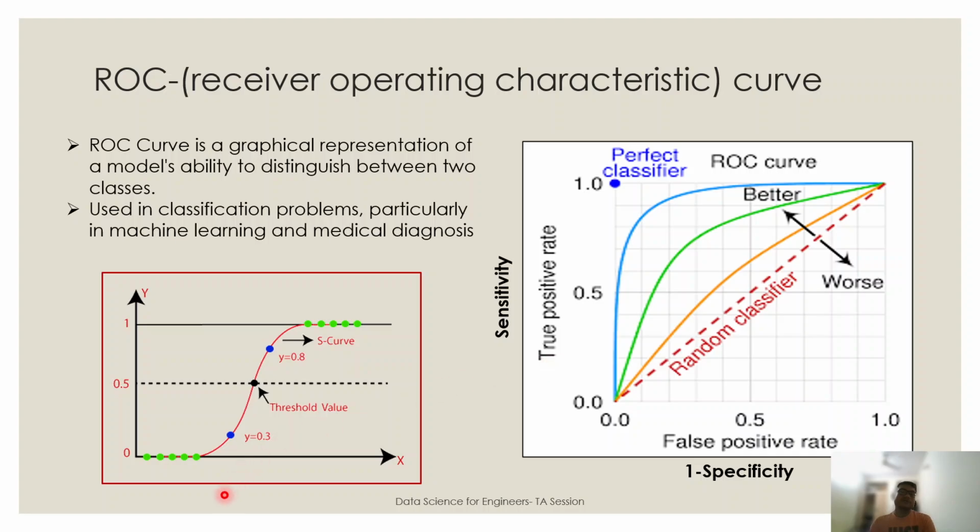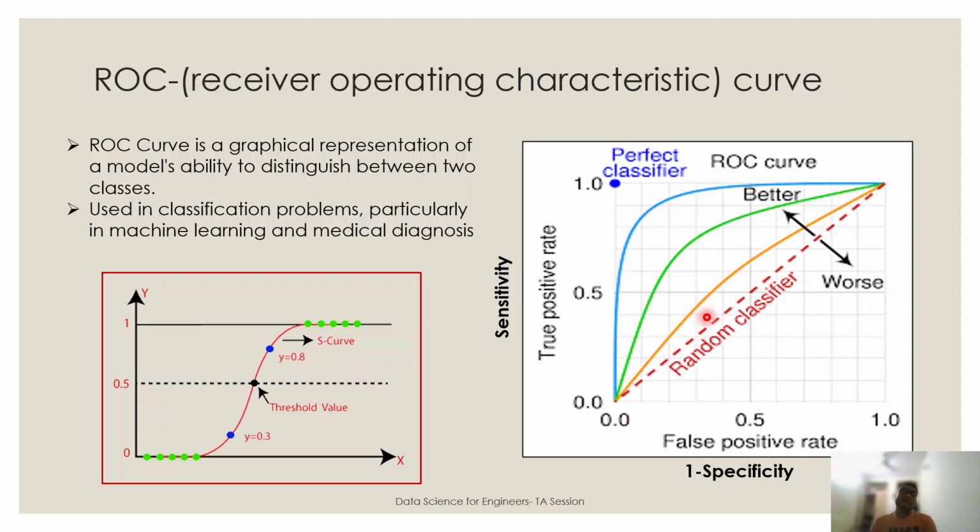From 0 to 1 they will give different threshold values, and for each threshold you get a different true positive rate and false positive rate. After changing different thresholds, you get different values, and based upon that, this plot is drawn.